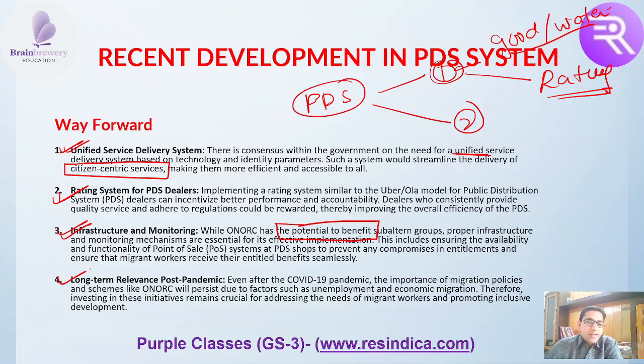Then long-term relevance post-pandemic. Obviously, the COVID-19 pandemic has made sure that India should get integrated as soon as possible, because people are going to various parts of the country for their jobs, and that is why economic migration and social migration are happening.